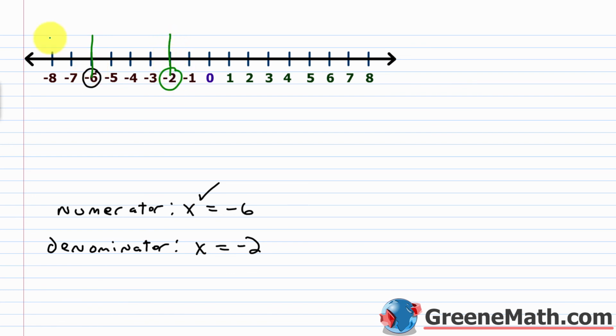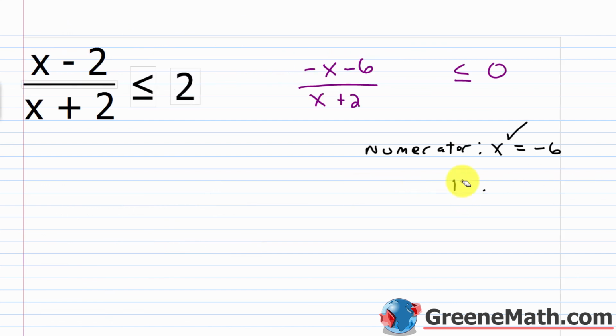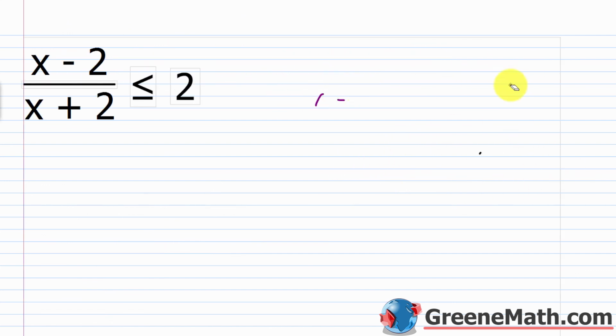So let's call this region A. Let's call this region B. Let's call this region C. So in region A, we can just choose -7. So let's erase this. And if I plugged in a -7 here and here, what would happen? -7 minus 2 is -9. -7 plus 2 is -5. -9 over -5 is 9/5.